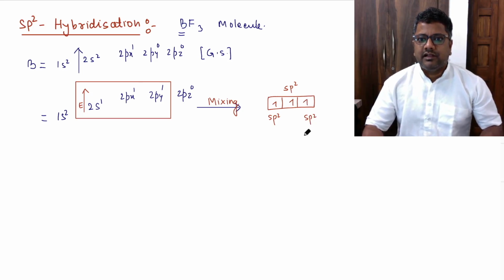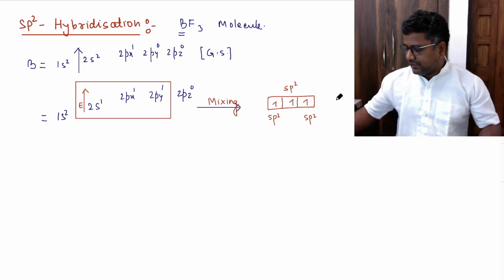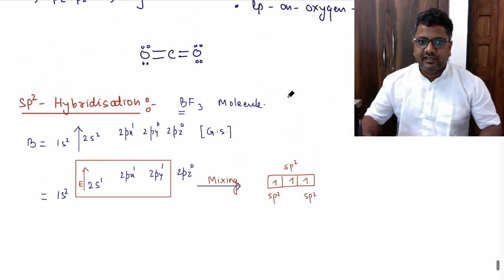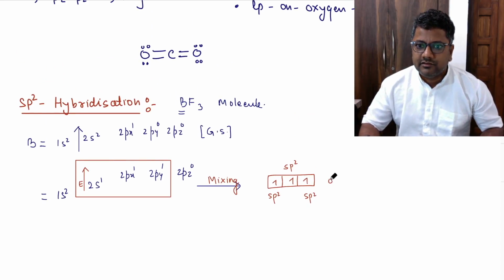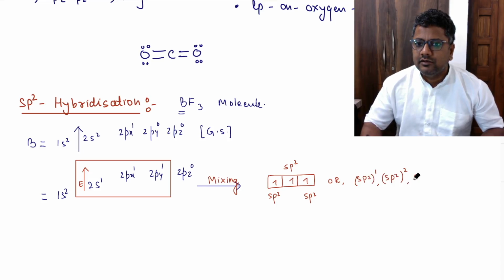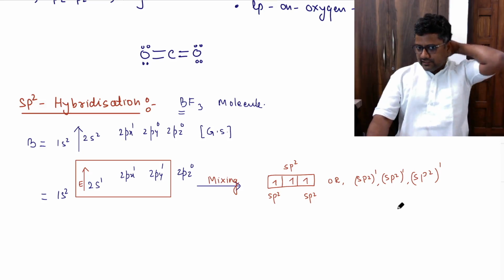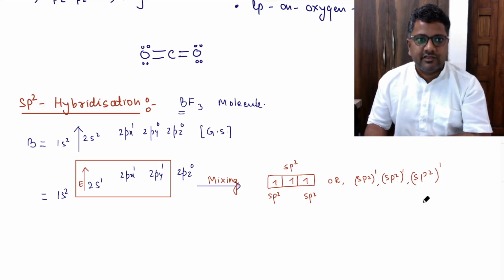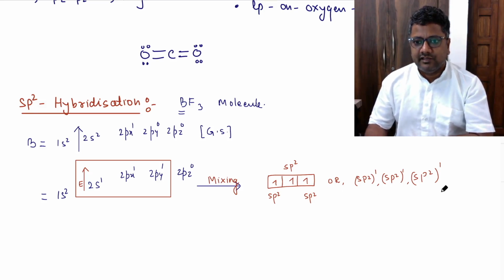Or you can write it this way: after mixing you will get sp2 1, sp2 1 and sp2 1, meaning three sp2 hybrid orbitals, all having the same energy, same size, same shape, and all having one electron.